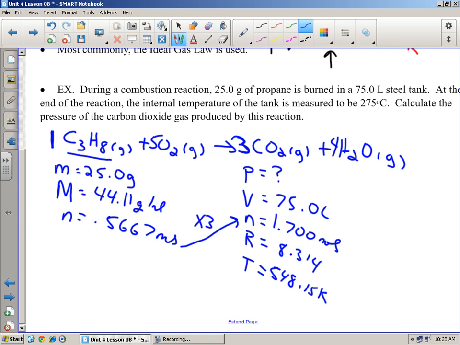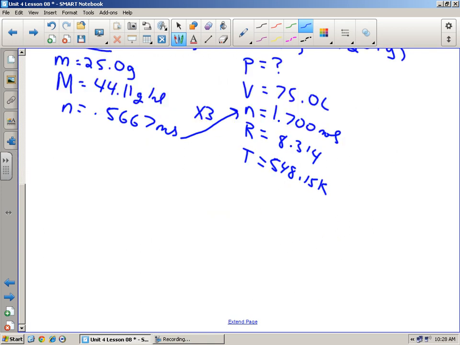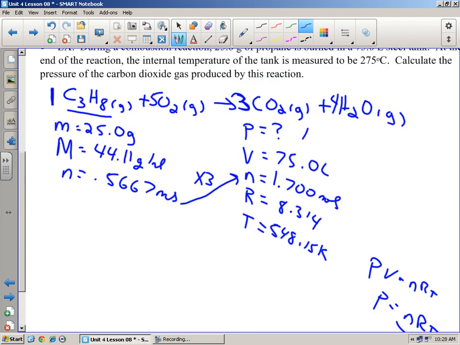Of course, to do that, you're going to take nRT, n times R times T, divided by V, right? So PV equals nRT. If I want to find P, nRT over V, yes? Okay, so let's do that. n times R times T divided by V. And I will get, all said and done, 3 significant digits.